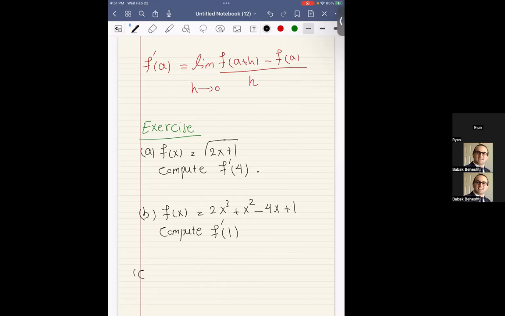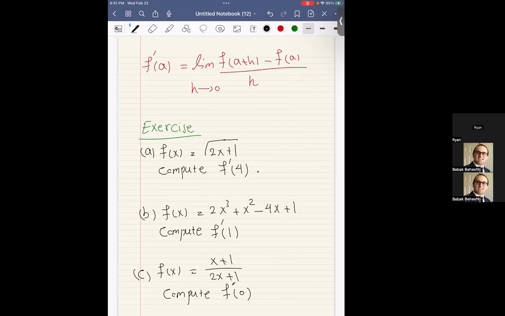And part C: f of x equals (x plus 1) over (2x plus 1). Compute f prime at 0.